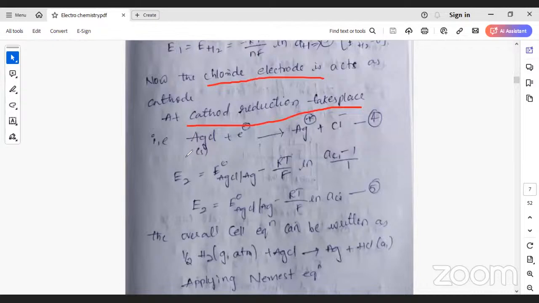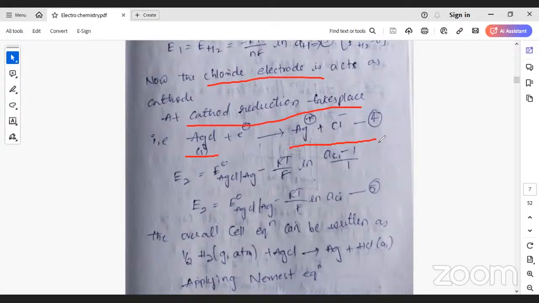That is, silver chloride plus electron gives rise to Ag plus Cl minus. This is the reaction. The hydrogen is giving one electron, and that electron is gained by the silver chloride, so that will be converted to Ag plus Cl minus. How will the chemical reactions take place?